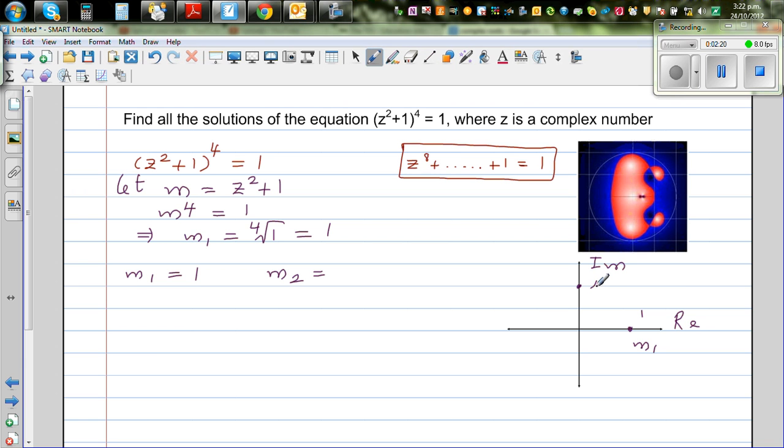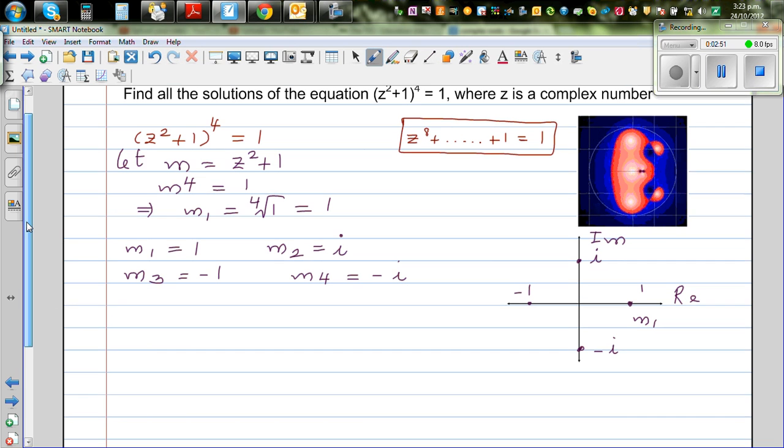The other root is i, this is minus 1, and this is minus i. So you can say m2 is i, m3 is negative 1, and m4 is negative i.